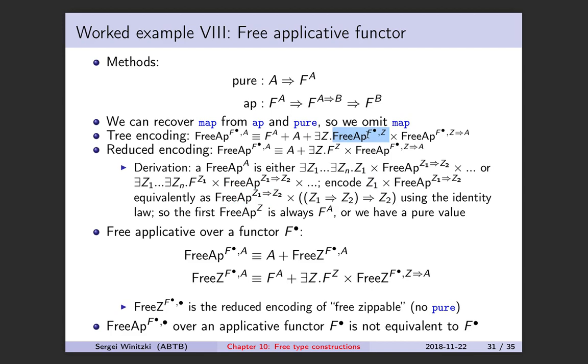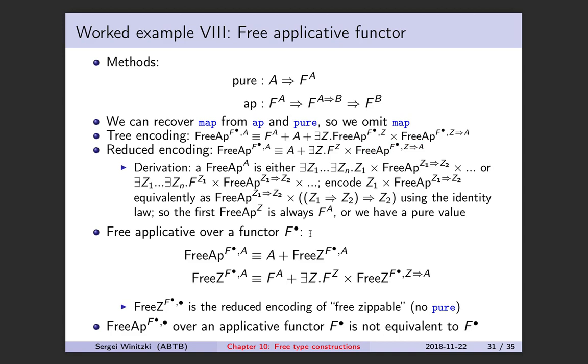It can always be a wrapped f. But then we cannot encode the pure value, so we still need that case. So therefore we need only two cases, the pure value and a wrapped constructor with a free app. So that's therefore the reduced encoding.